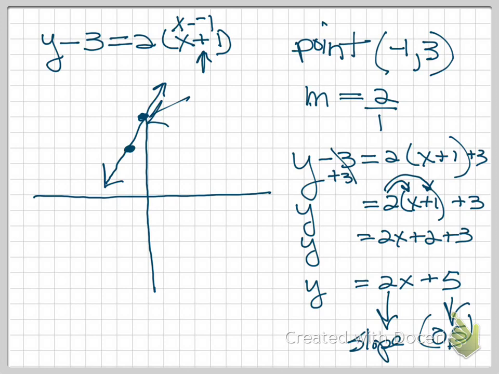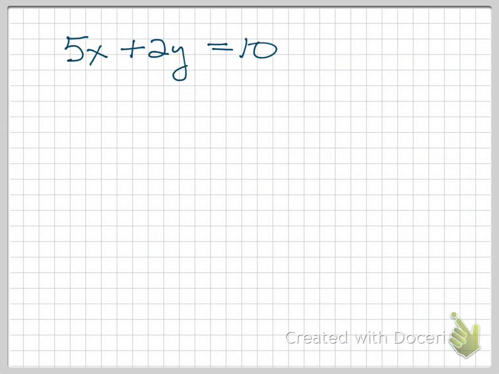Okay, let's talk about standard form on the next page. What if you're given standard form, and this is your equation that you're left with? It's an equation of a line, and I want to use this equation to graph my line. So what do I do?